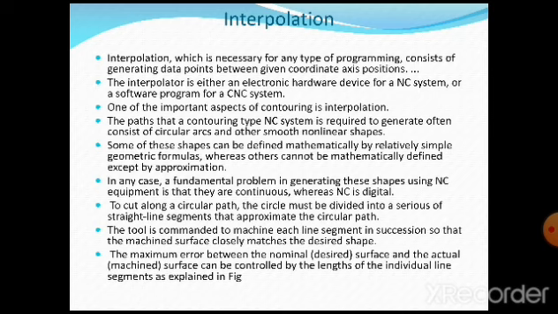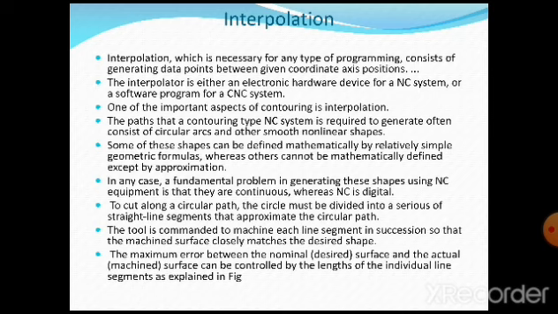The tool is commanded to machine each line segment in succession so that the machined surface closely matches the desired shape. So each and every bit of the circumference is divided into very small straight lines, where the controlling action is achieved by considering more than two axes to generate that particular circular shape.